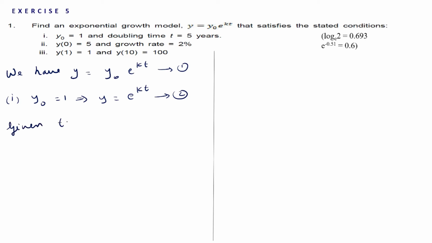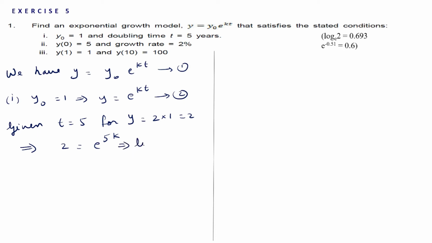Given t equal to 5, for y equal to 2 times y naught, 2 into 1, which is 2, implies 2 is equal to e raised to 5k. So from this we can find k.